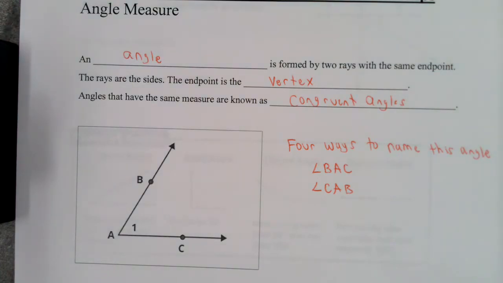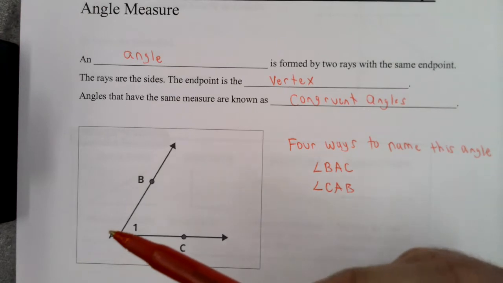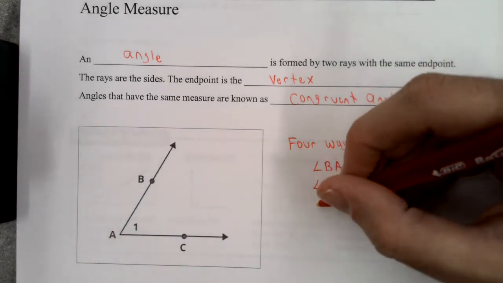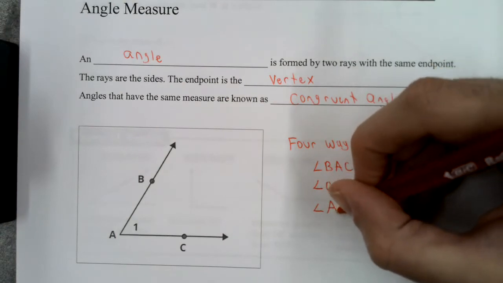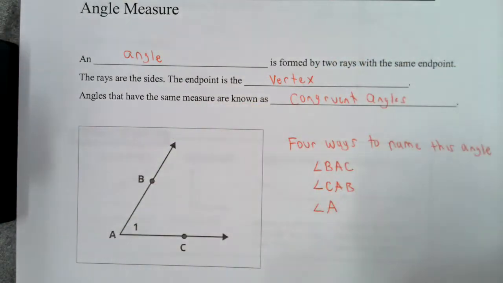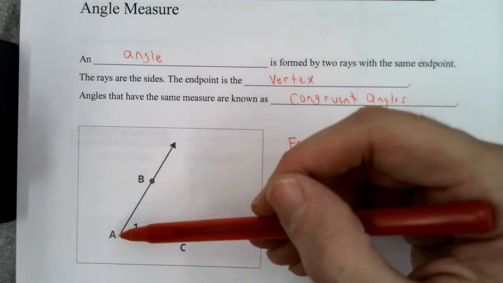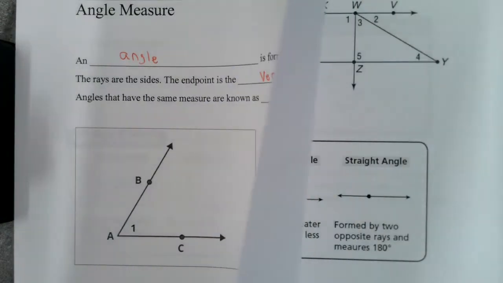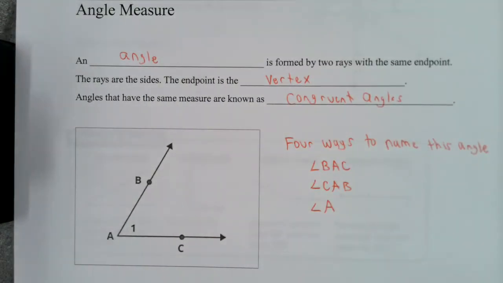Another way to name that angle is with just the vertex. So you could call that just angle A. But if you have a big diagram with a lot of angles labeled, that's not how you want to name it, because it might be confusing what angle you're talking about. I'll mention that on the next page more.